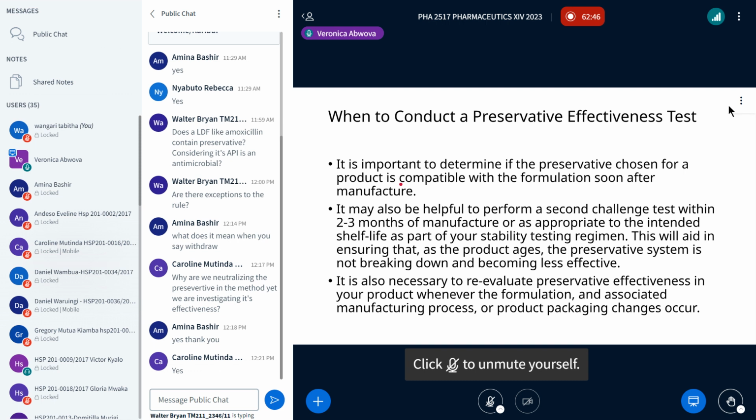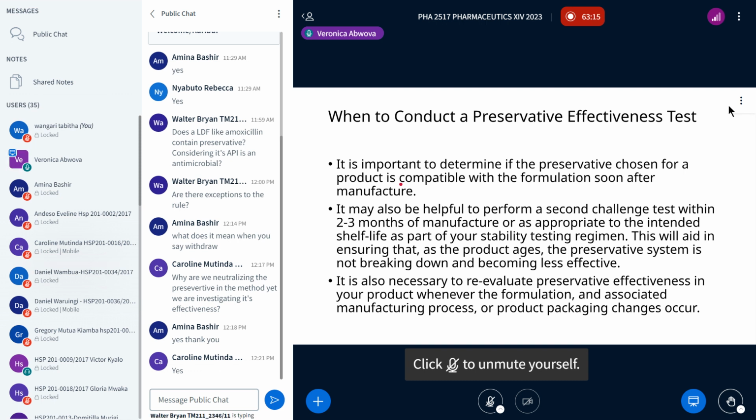Again, it is also necessary to re-evaluate preservative effectiveness in your product whenever the formulation and associated manufacturing process or product packaging changes occur. Okay. Again, remember we said it's possible for you to have a very good product, but the packaging system you place the product in is not good enough.